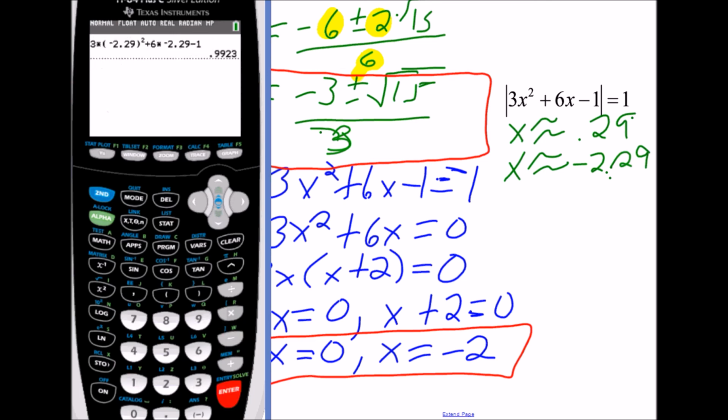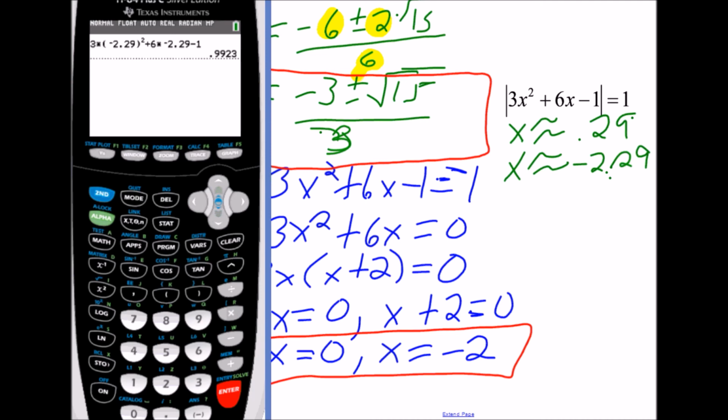But I do also have a number pretty close to positive 1. All right. So that means that both of those irrational solutions were both correct.